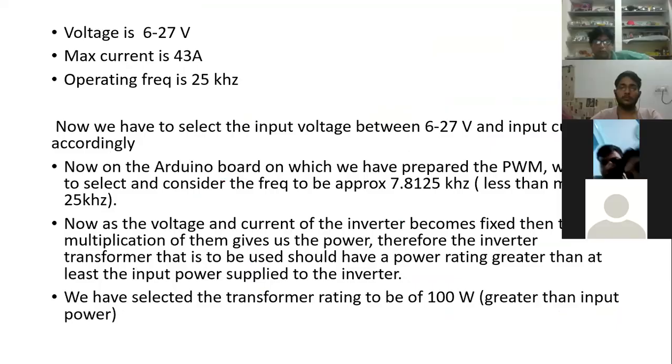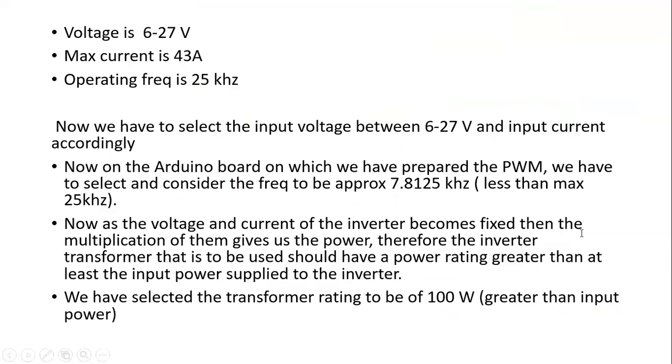In the next slide, as discussed above, the voltage should be within the range 6 to 27 volt, the maximum current should be within 43 ampere, and the operating frequency should be within 25 kilohertz. Therefore, we will select the voltage and current accordingly. In the Arduino board, on which we have prepared the PWM, as we have calculated the oscillator frequency, we will select 7.8125 kilohertz, which is less than the maximum operating frequency of 25 kilohertz.